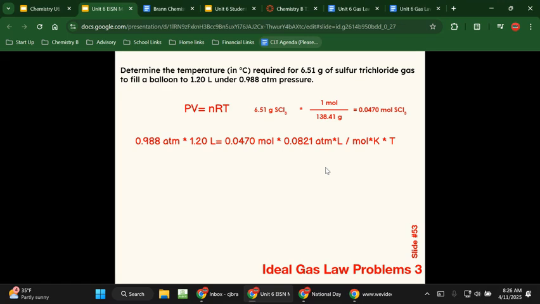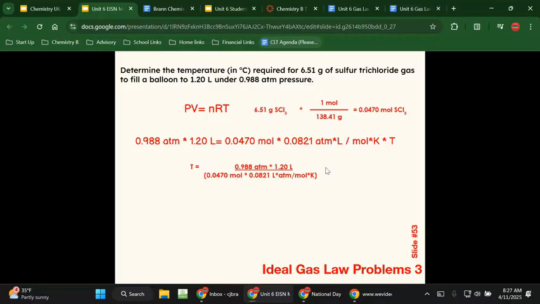So again, we get T alone. To get T alone, we're going to divide both sides by 0.0470 moles times 0.0821 atm times liter over mole times Kelvin. That gives us this. Again, 2 numbers on the bottom. Make sure you put them in parentheses when you divide by them and multiply them together.